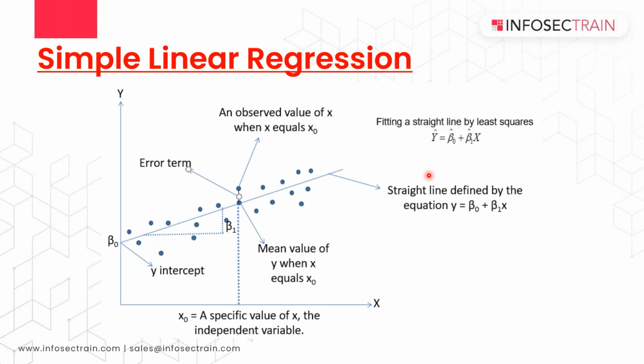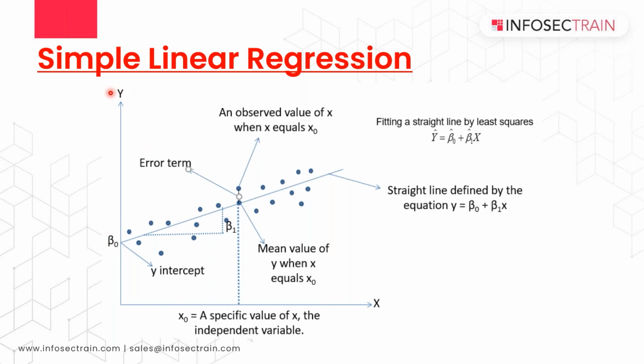What I'm trying to say is that if the value of your independent variable is 0, then what will be the value of y? It will be the beta naught value, the initial value of your target variable.